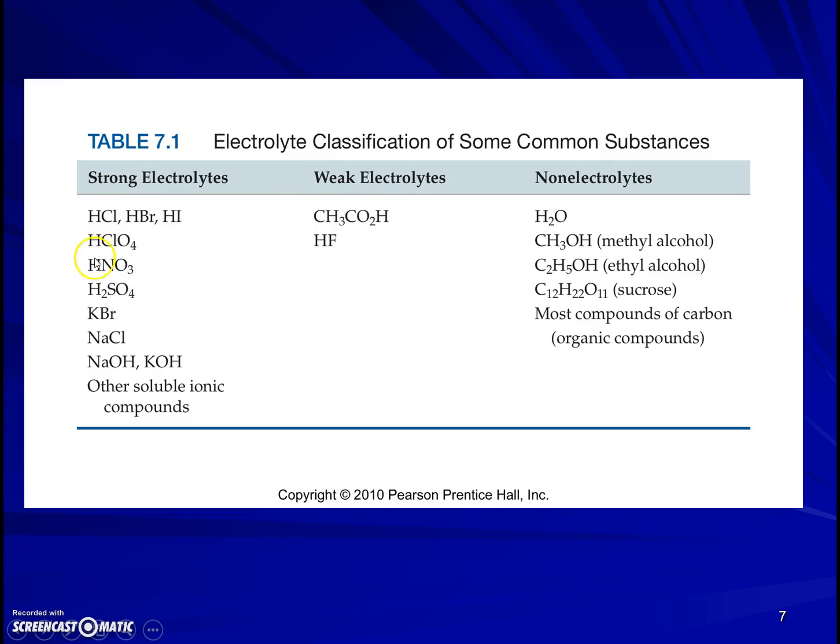These 6 are the only ones you have to consider as strong acids, unless you're told otherwise. But alcohols and sugars and water itself and most other organic compounds are non-electrolytes. And we'll do a lab to illustrate and practice some of this in the next couple of weeks.